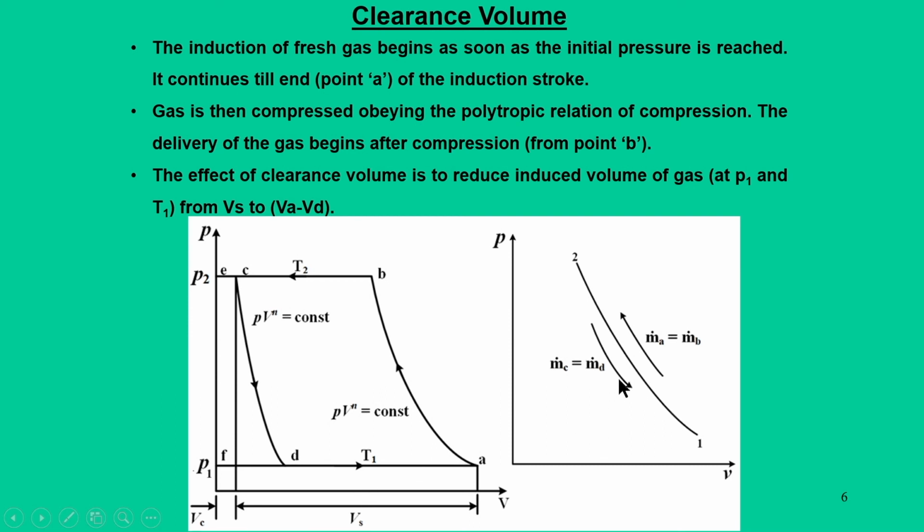But at the end of the day, if you take the final thermodynamic states 1 and 2, you will find that in the forward cycle m dot A is equal to m dot B, in the backward cycle m dot C is equal to m dot D, and at the end the pressure rises from the initial pressure P1 to the final pressure P2.